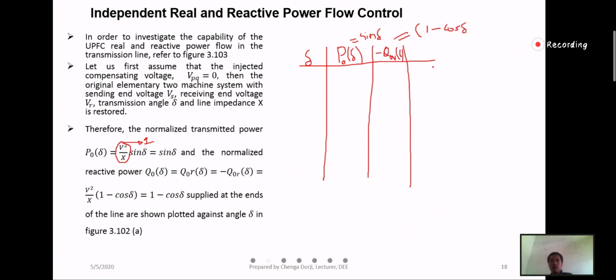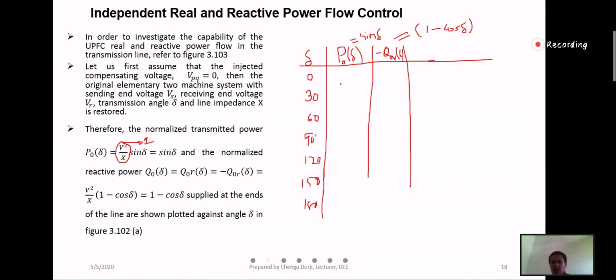Okay, so now when delta is equal to 0, delta is equal to 30, 60, 90, 120, 150, 180. So how much are you getting when delta is equal to 0?